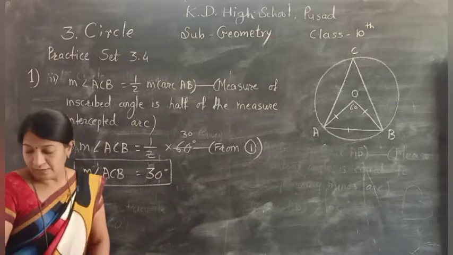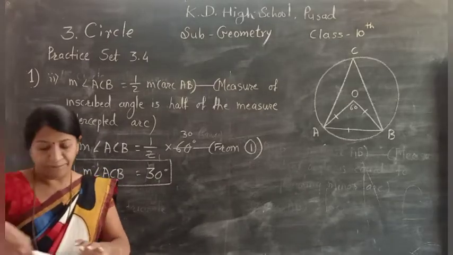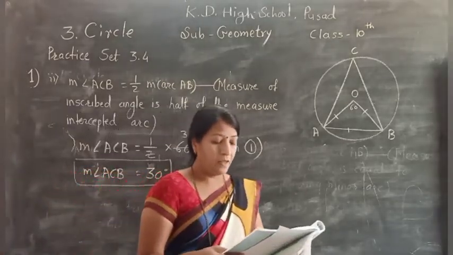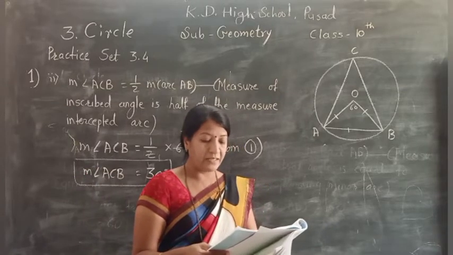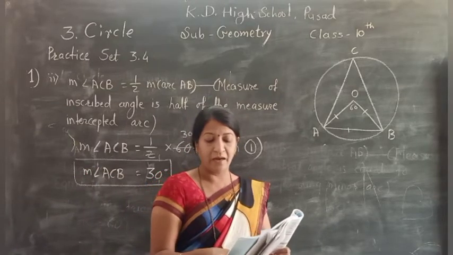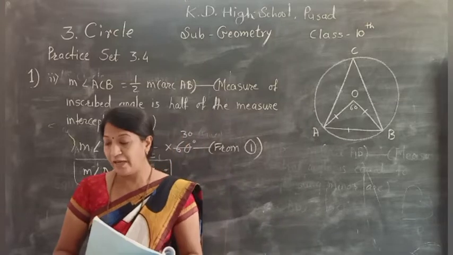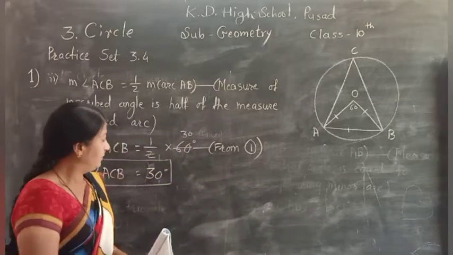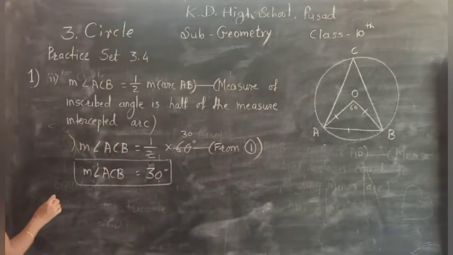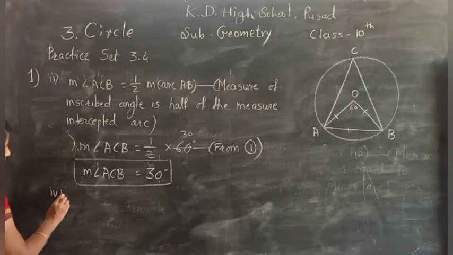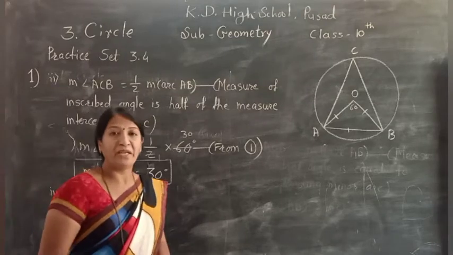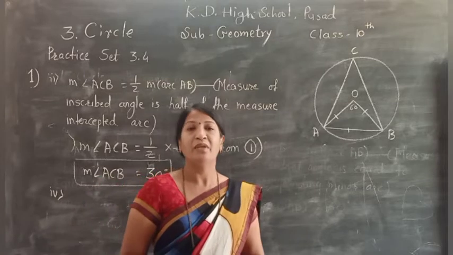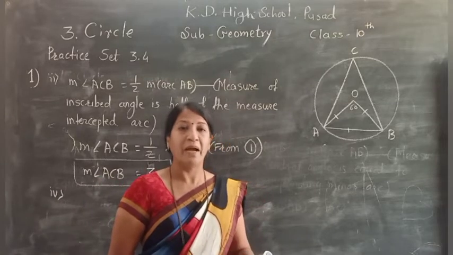Okay. Now last one. Measure arc ACB. We have to find the arc ACB. Okay, it's a major arc. Measure of major arc is equal to 360 minus measure of minor arc.